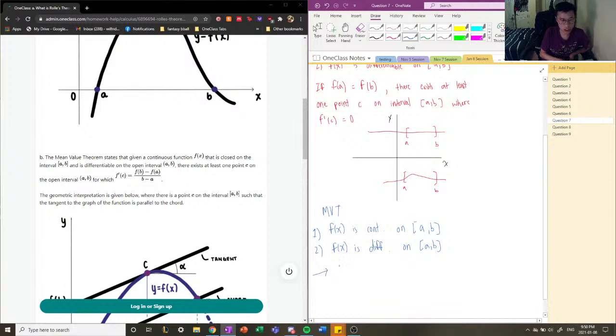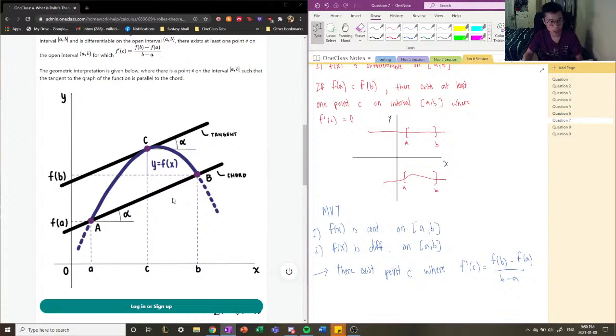If these two conditions hold, then there is a point c where f prime of c is equal to the slope of the secant line from a to b. And this is a geometric interpretation of that.